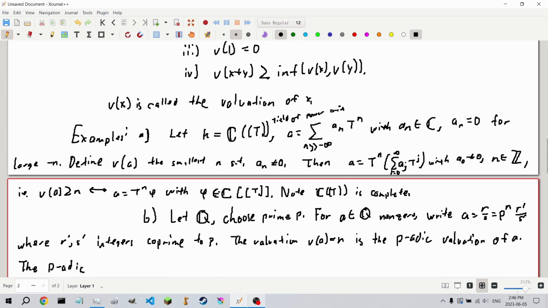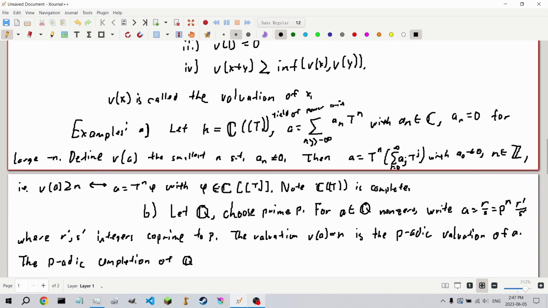So the p-adic completion of the rationals is denoted as double-stroke Q sub p, and it's called our field of p-adic numbers.